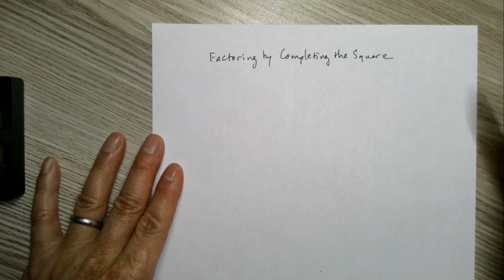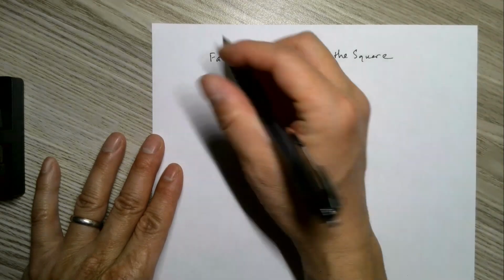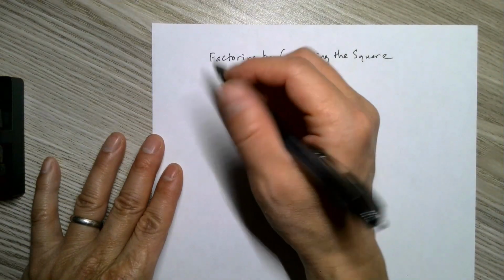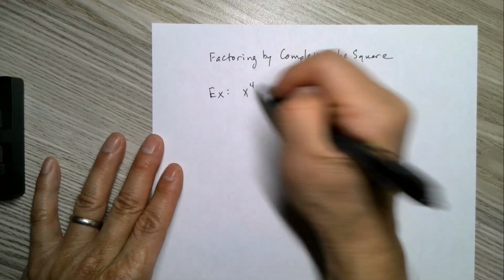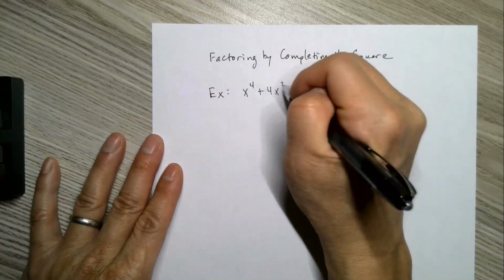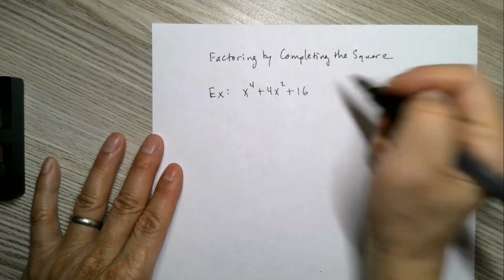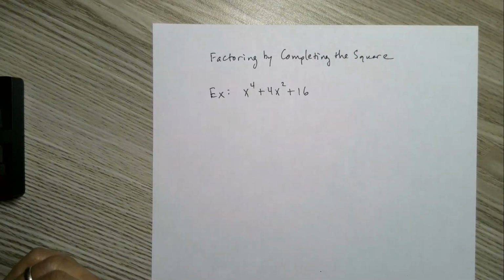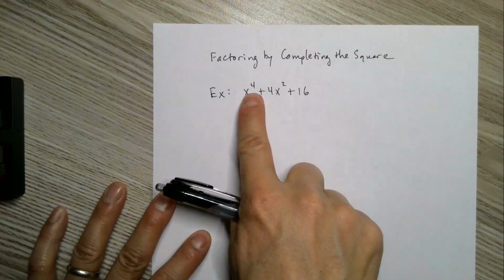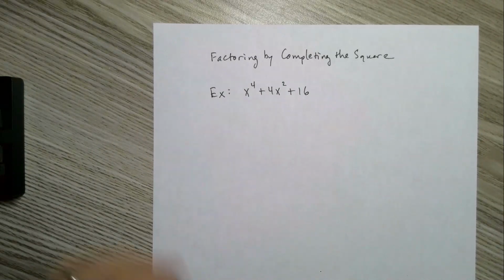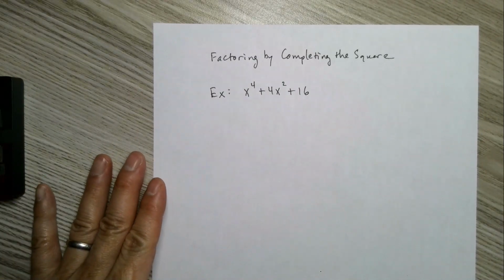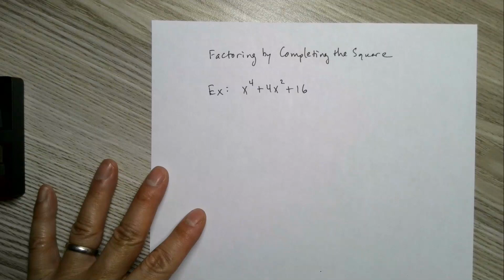We're going to use completing the square to factor a degree 4 polynomial. So this is a trinomial, but it's not quadratic. It is degree 4. You can see right there, degree 4. And we're going to use our completing the square technique to factor it.